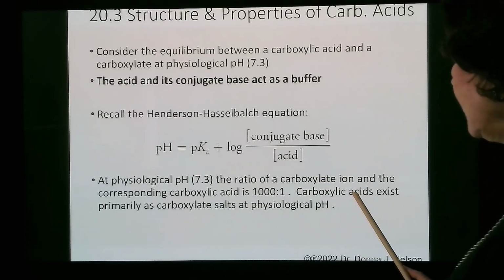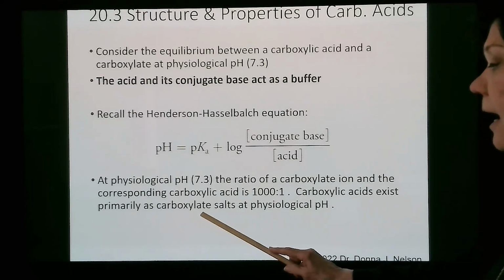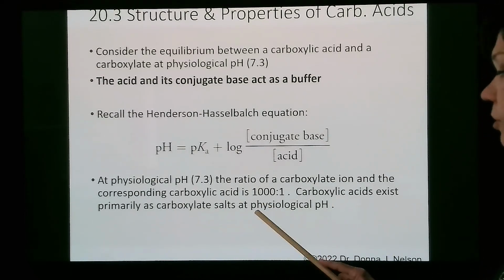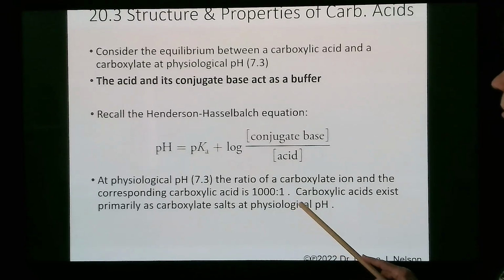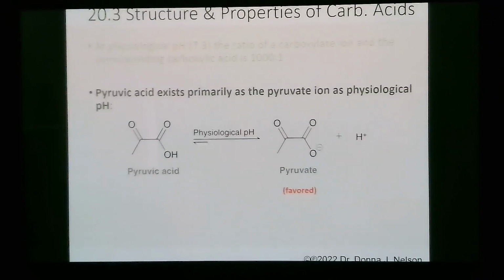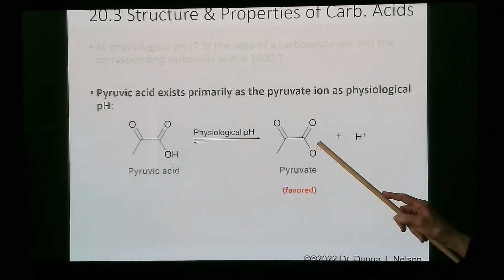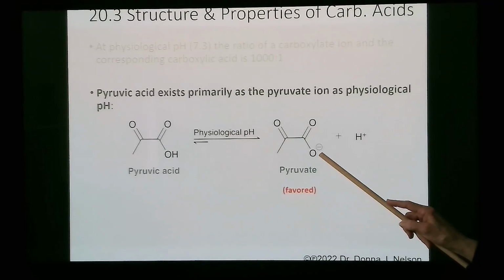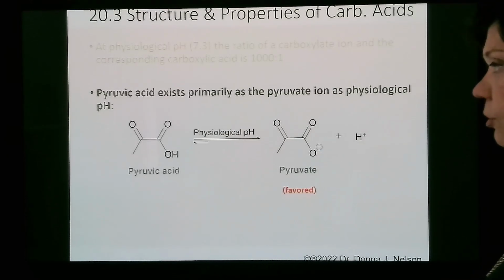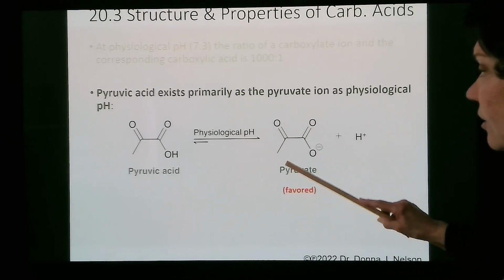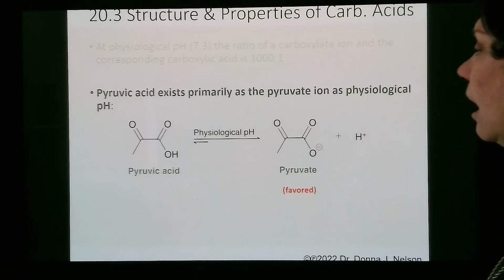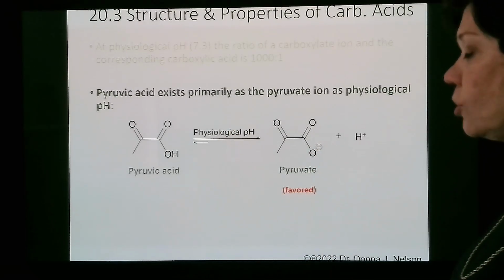So the carboxylic acids exist primarily as carboxylate salts at physiological pH. Indeed, pyruvic acid exists primarily as the pyruvate ion at physiological pH. So this is favored at physiological pH.